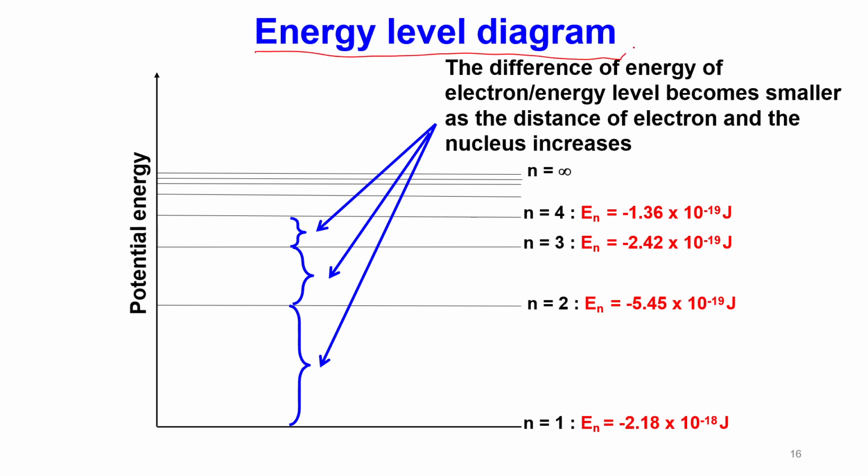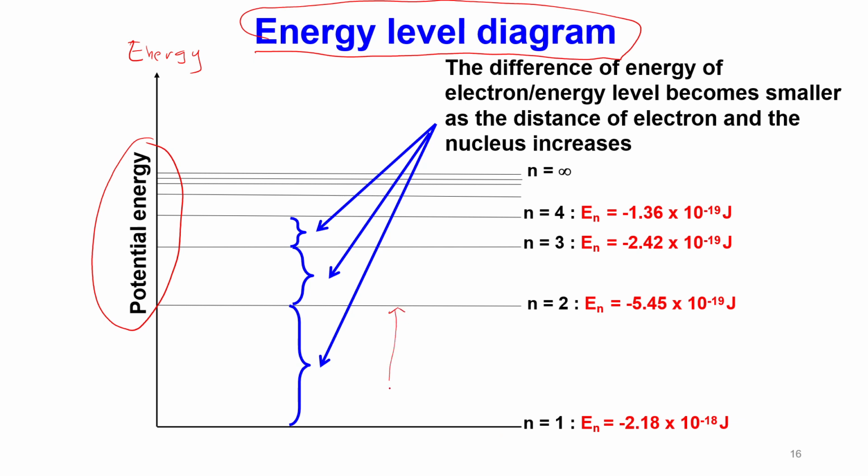So this one we call as diagram for energy. So we have here is energy, okay, or specifically we call as potential energy. And the lowest n is n equals to 1. So the difference between n equals to 1, orbit 1, and second orbit are large. So the space is bigger compared to the other.